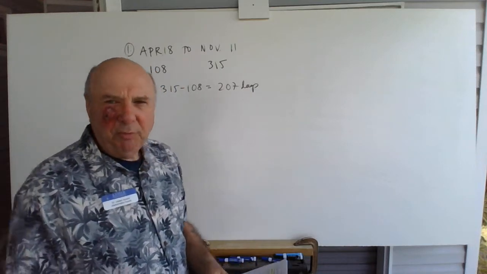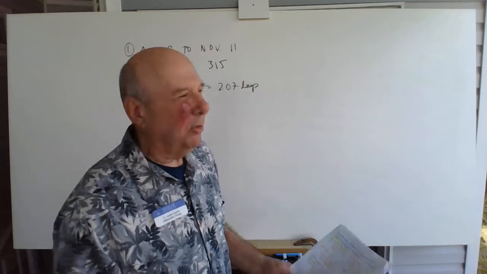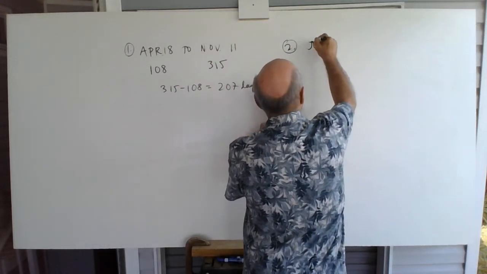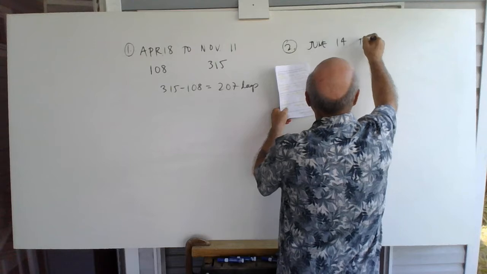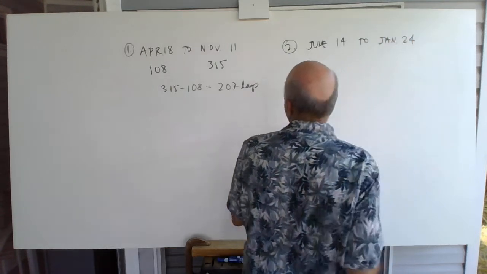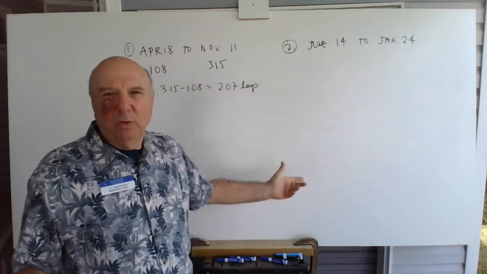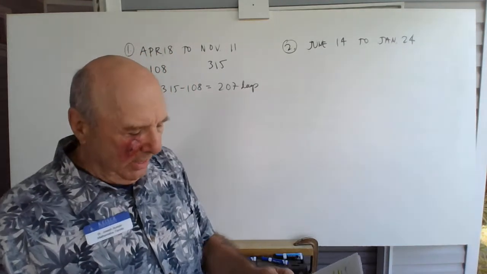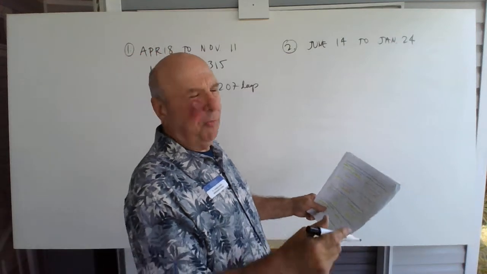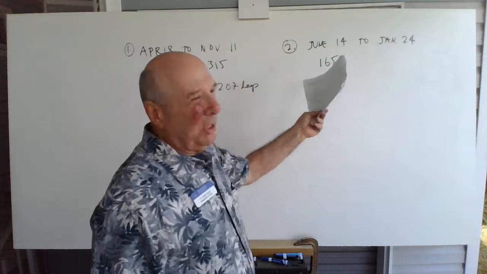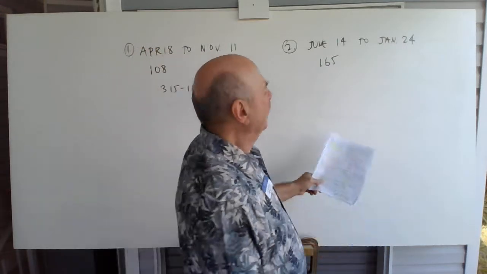All right, June 14th to January 24th. For this one, we turn the corner. But still, you will want to know the days of the year. June 14th is the 165th day of the year. Of course, January 24th is the 24th day of the year.